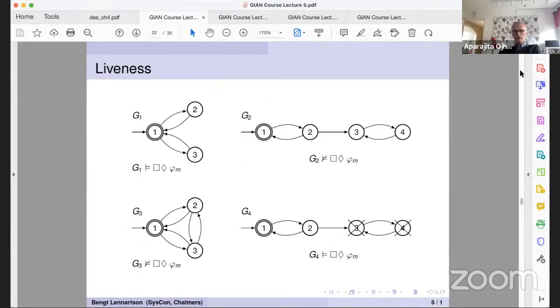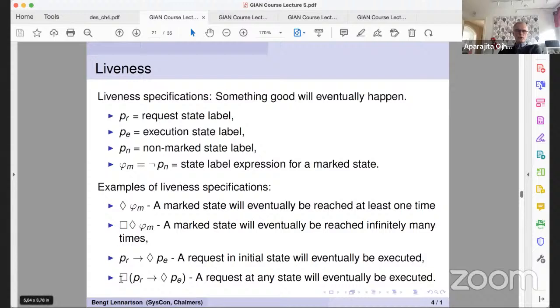While liveness is quite often also this always eventually, it could also be, for instance, this always PR implies that eventually you get PE. And it could also be that just eventually PE is also considered as a liveness specification.